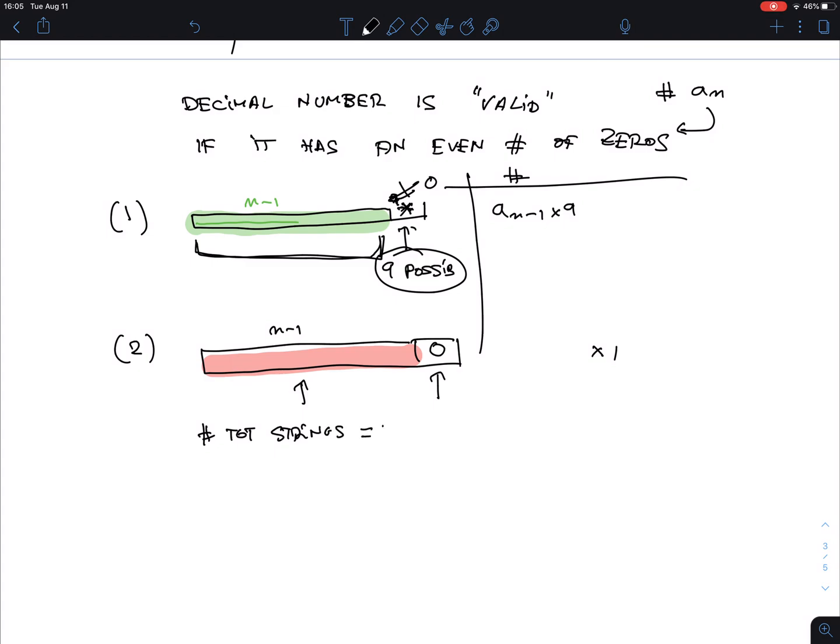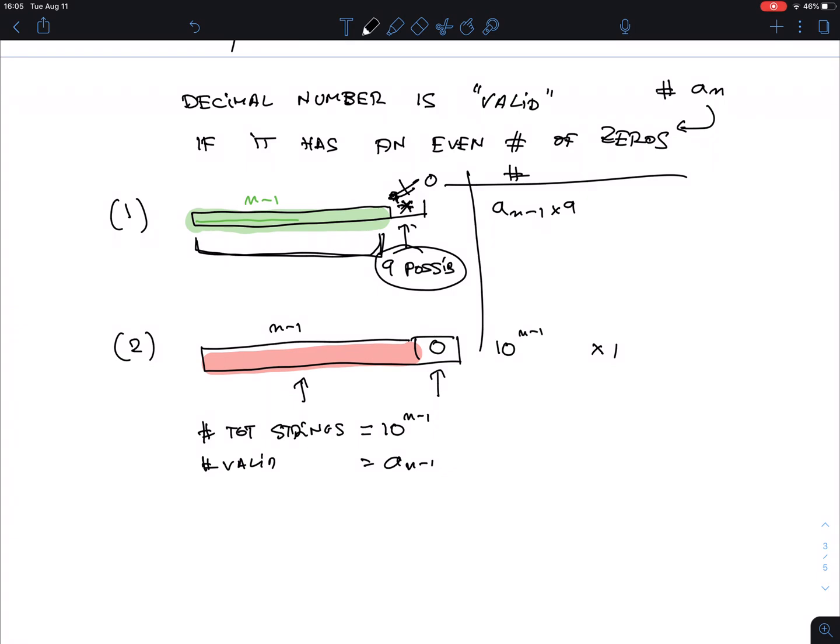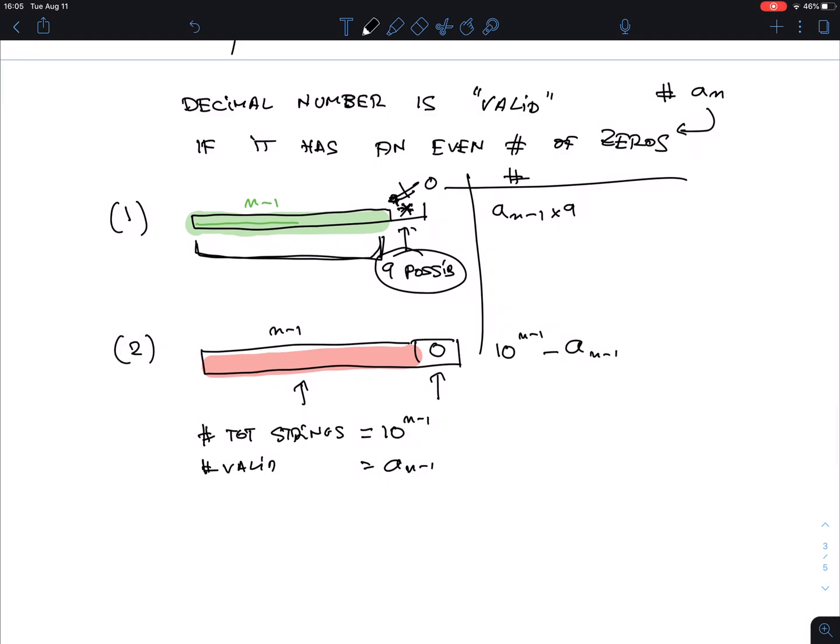The number of total strings is 10 to the n minus 1, right? And the number of valid strings is a_(n-1), so the number of invalid strings will be the difference: 10^(n-1) minus a_(n-1), times 1. That's the formula.